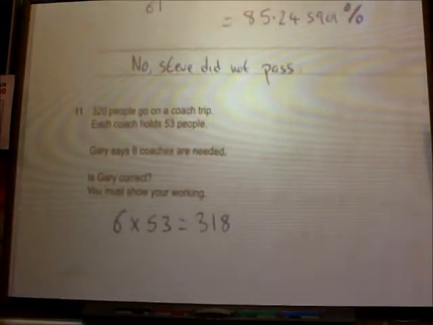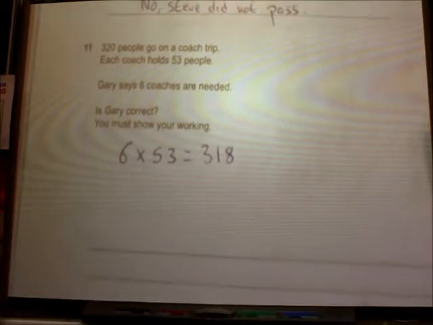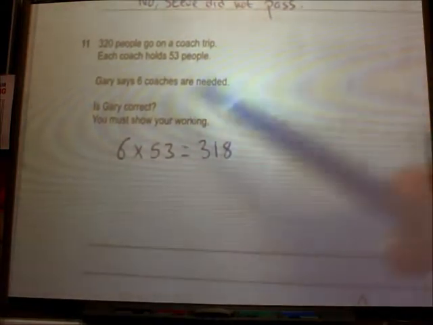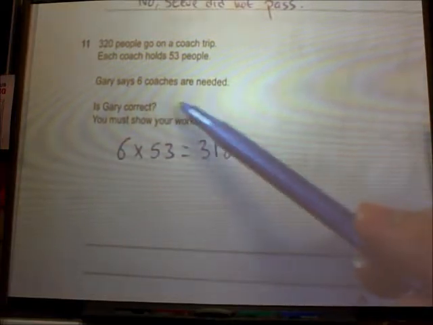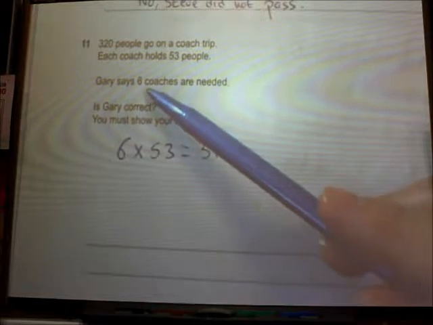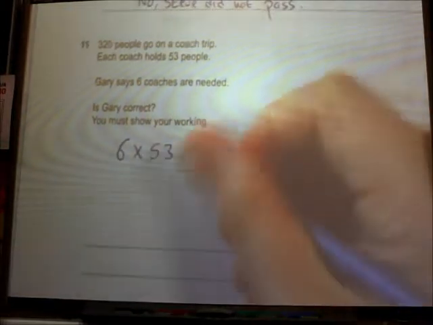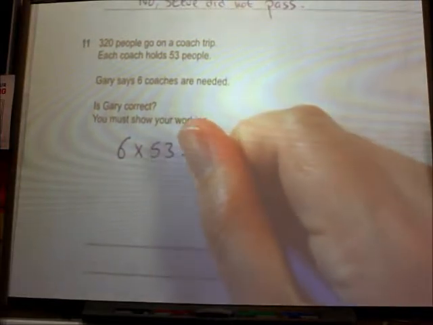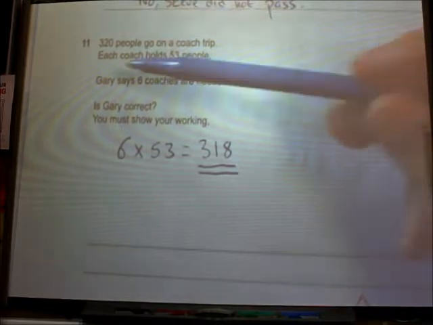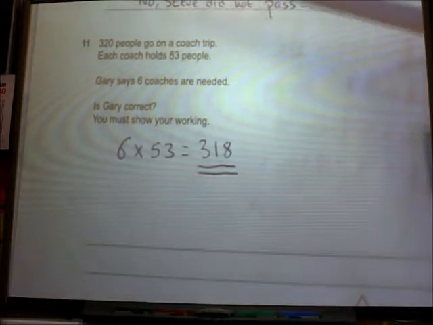Question 11. 320 people go on a coach trip. Each coach holds 53 people, and Gary says that 6 coaches are needed. Is he correct? Well, Gary says he wants 6 coaches that can hold 53 people, so in total he can hold 318 people. But, and Gary's not realised this, there are 320 people going on the coach trip.